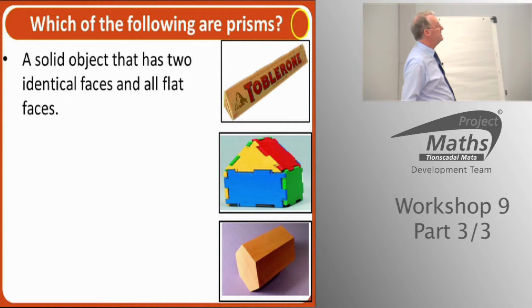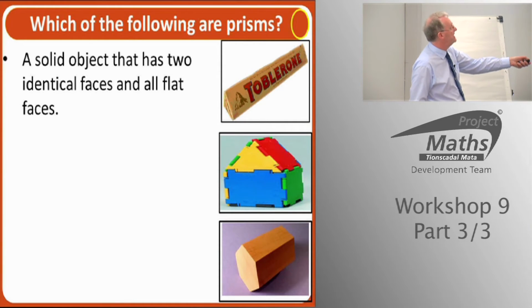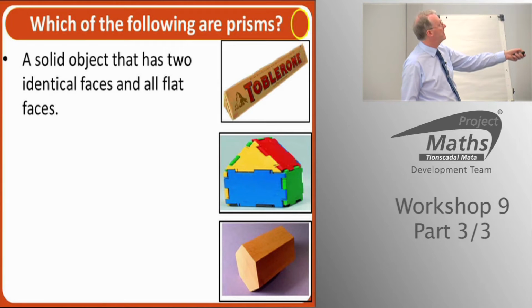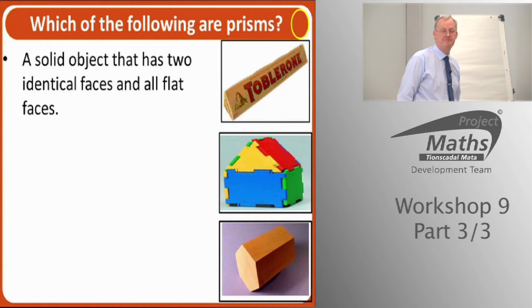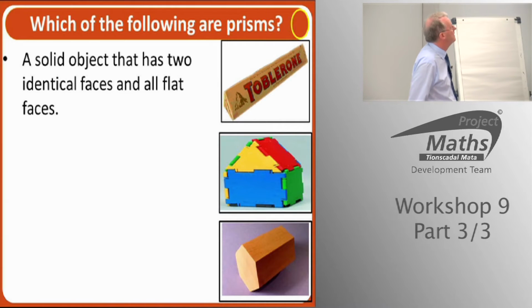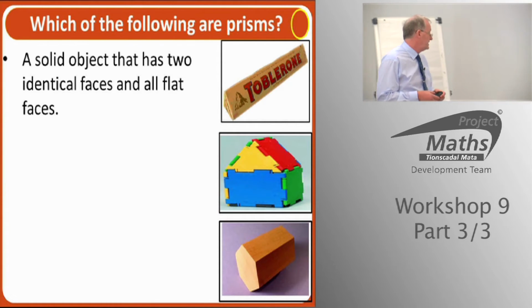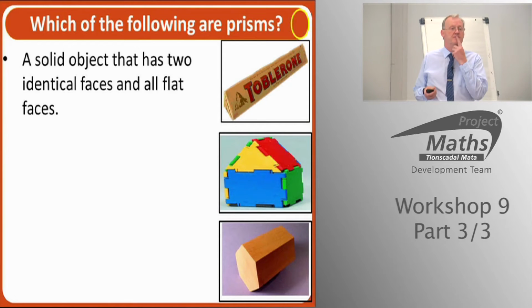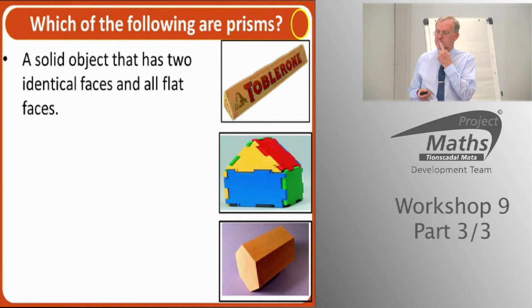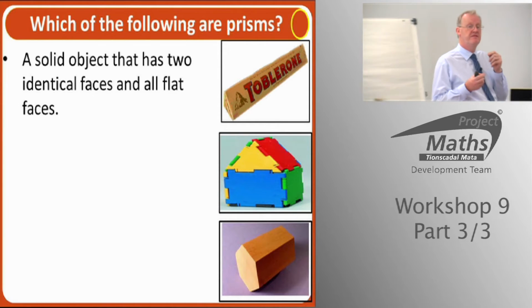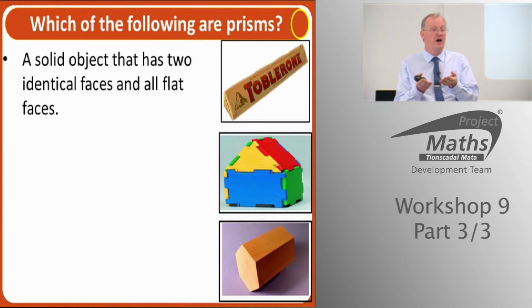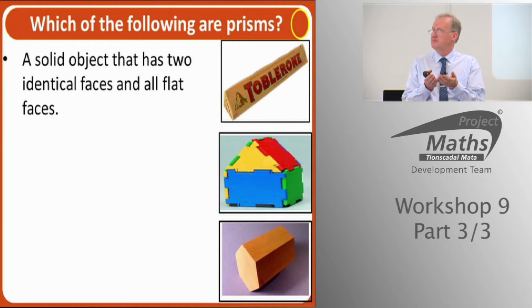Now the catch is the cylinder is not, I stress, not a prism. So let's look at why not. A prism is a solid object that has two identical faces and all flat sides. A cylinder doesn't have all flat sides.